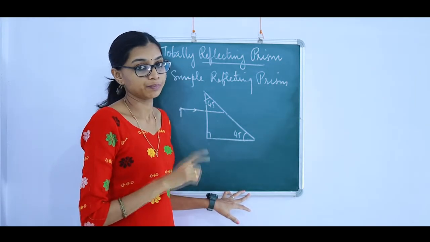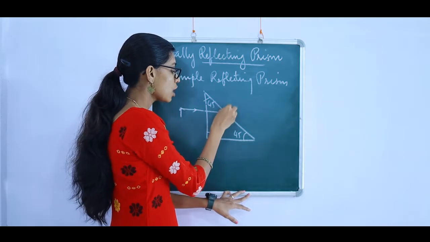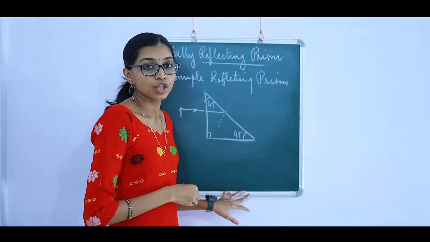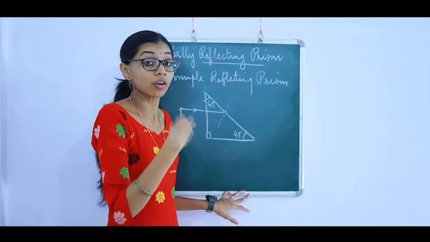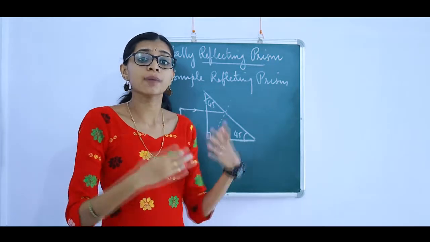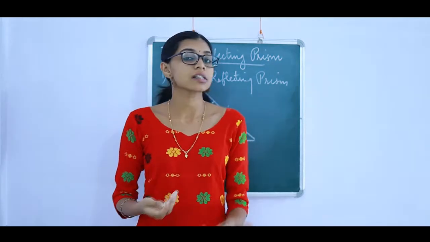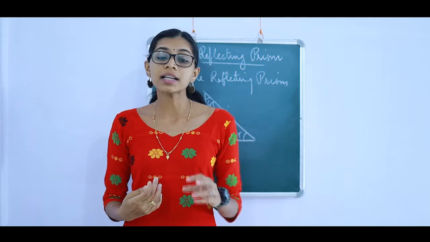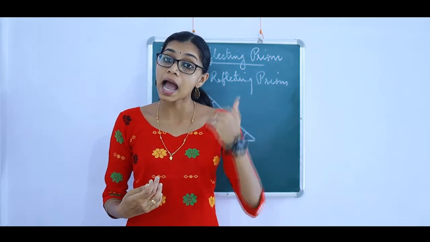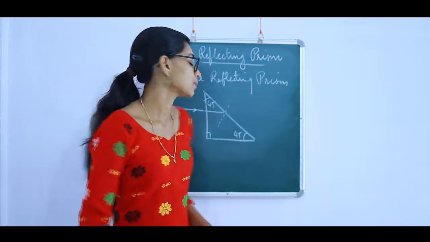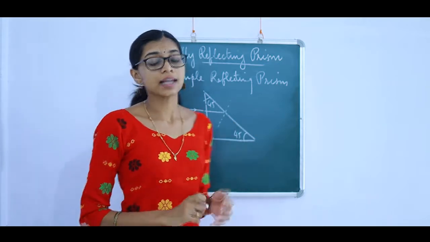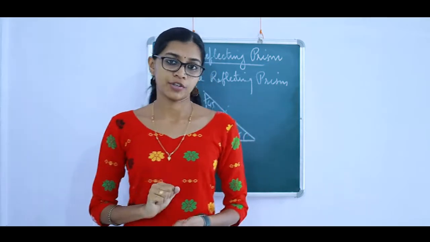At what angle? You have to draw a normal here to find whether it is a reflected ray, a refracted ray, or a totally internally reflected ray. To find that, you need to know the angle of incidence at this interface. To find that, I'll tell you a little geometry.